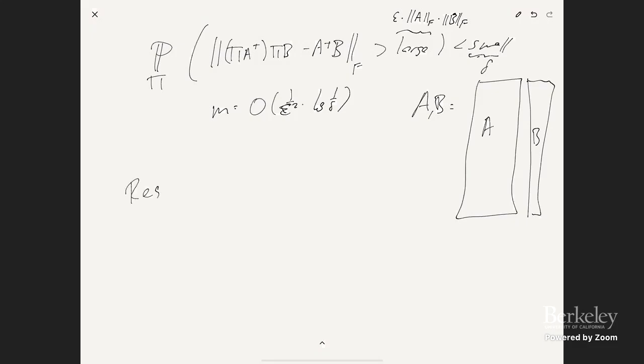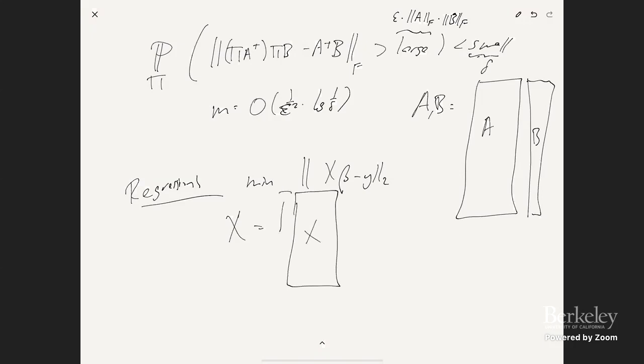And then regression. So you want to minimize, let's say now, X beta minus y, where I'm looking at the case where X is a really tall and skinny matrix. So this is beta LS, the least squares solution, the argmin over beta.